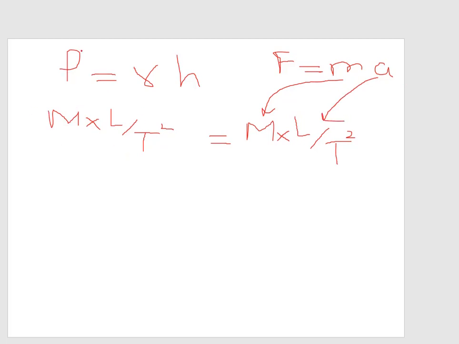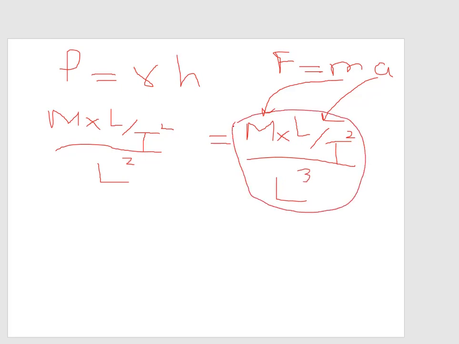Because the pressure is the force per unit area. So this is the force and the area is L square. So on the left hand side we get this, and on this side the mass into this one. So gamma over L cube. This whole thing is gamma.